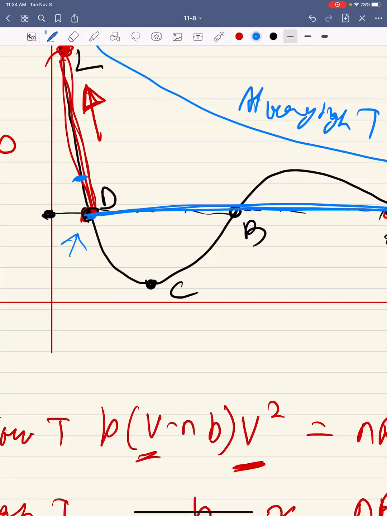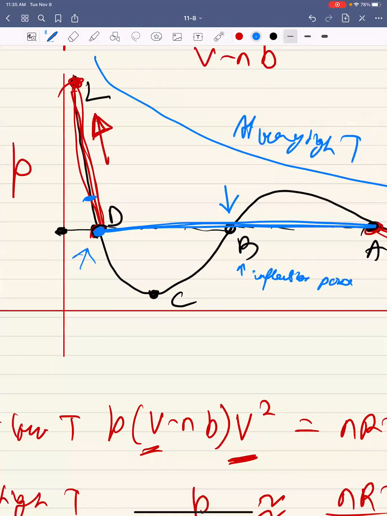And the answer, since you insist, this point has something special. Notice the slope there, what's going on? It's an inflection point. So B is an inflection point. So you find the inflection point and then find the brother of the inflection point on the left side, and we join them. This will become clear when we do the common tangent rule in a little bit.